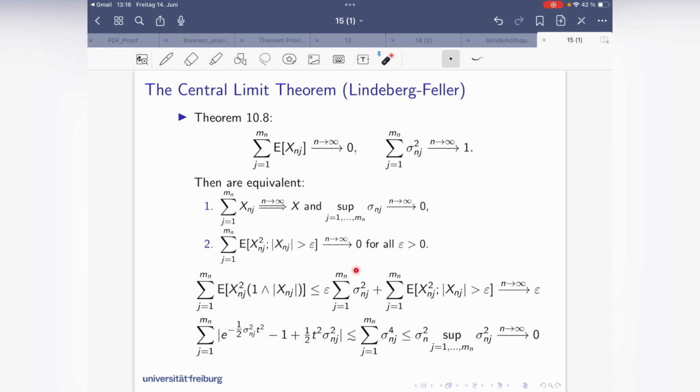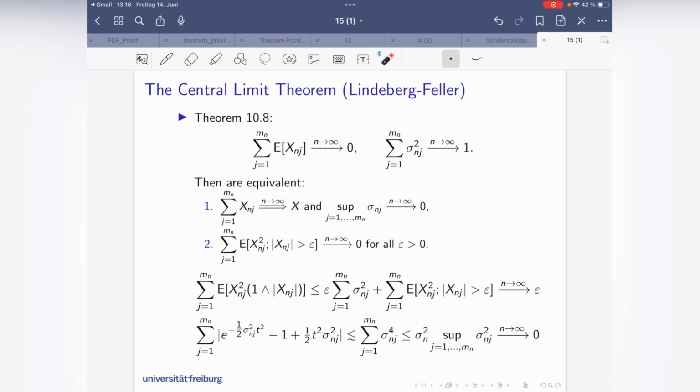So I have the sum over these here. And I also get this, which is exactly the Lindeberg condition, which tells me that the second part converges to 0. And the first one, well, the sum here by assumption converges to 1, and epsilon stays, but epsilon was arbitrary, which means that this here converges to 0.